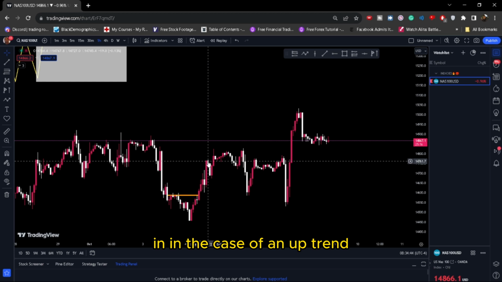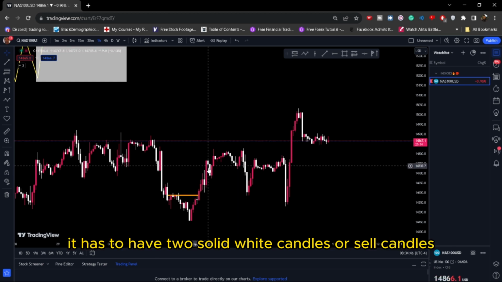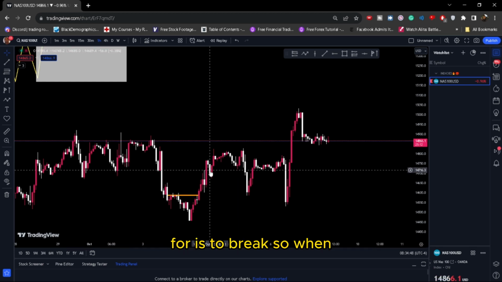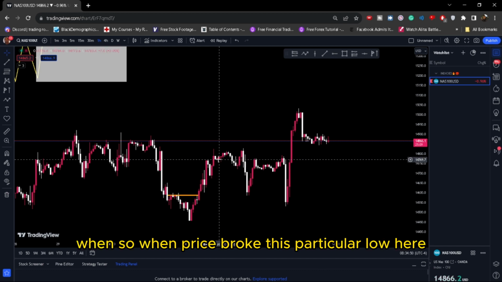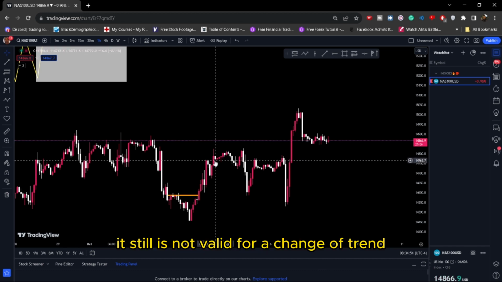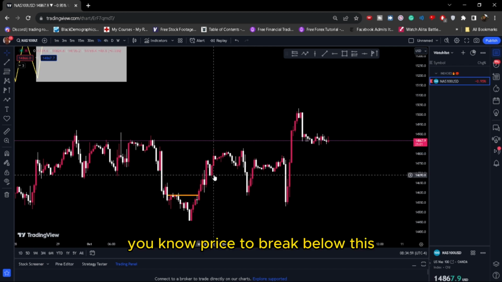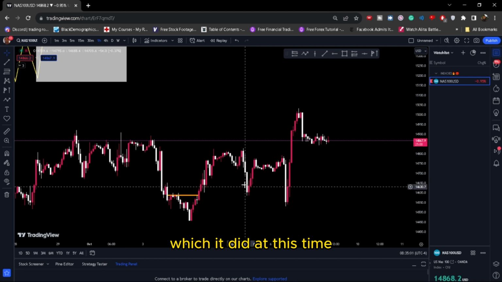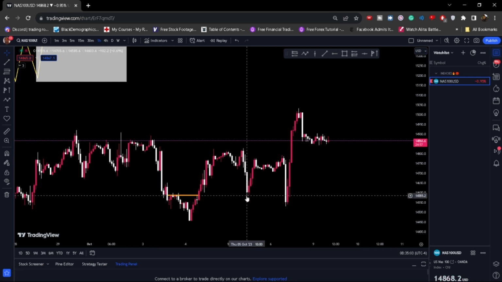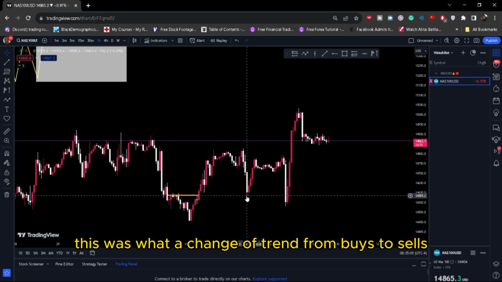In the case of an uptrend, it has to have two solid sell candles for it to break. So when price broke this particular low here, it still is not valid for a change of trend. Instead, we had to wait for price to break below this, which it did at this time. So immediately it did here. This was a change of trend from buys to sells.